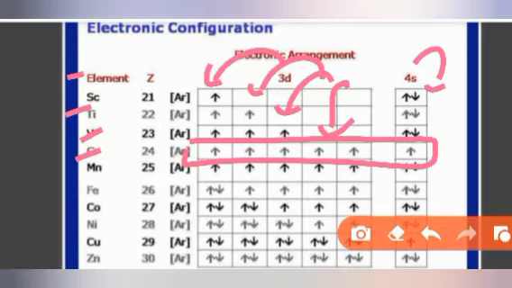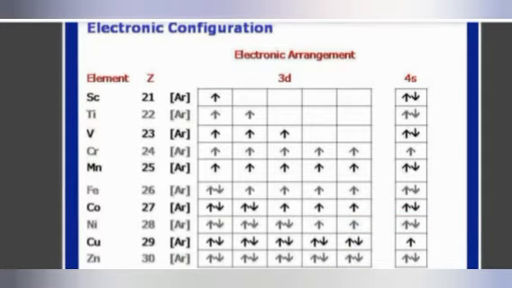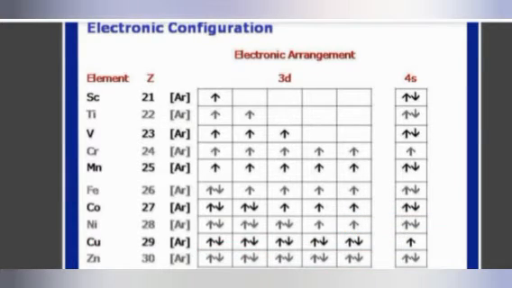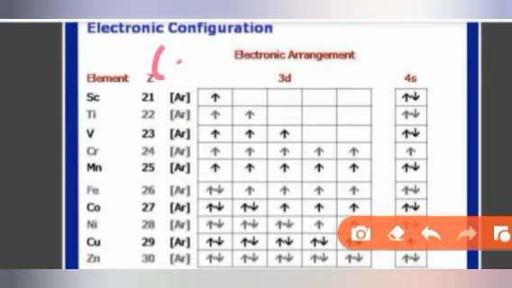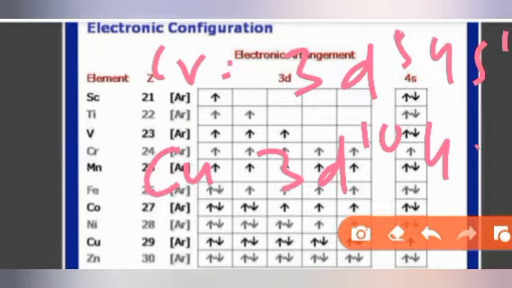Here, only in the case of chromium and copper will we see the differences. Chromium is 3d5 4s1, and copper is 3d10 4s1.